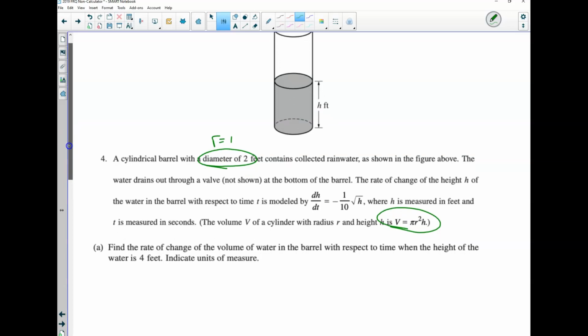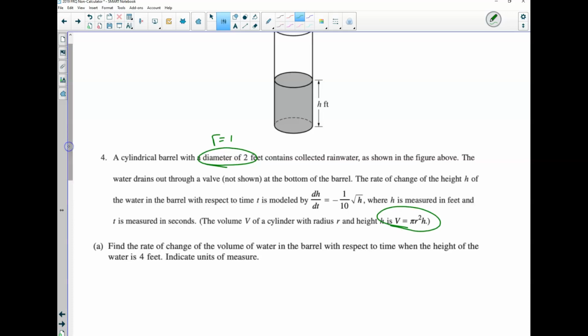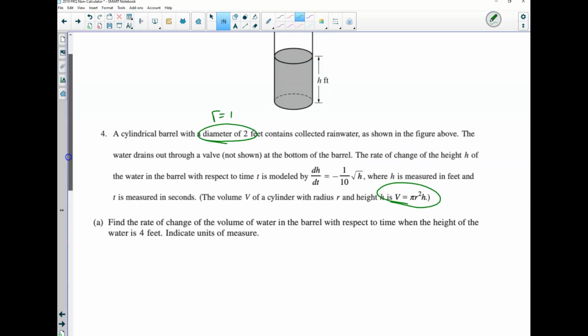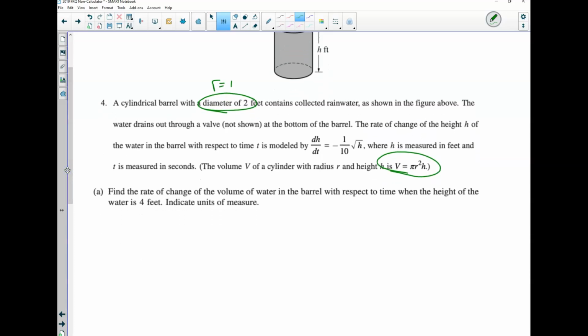Find the rate of change of volume in the water in the barrel with respect to time when the height of the water is 4. So this says, find dV/dt when h equals 4. Right?